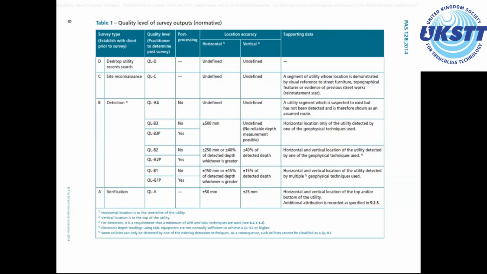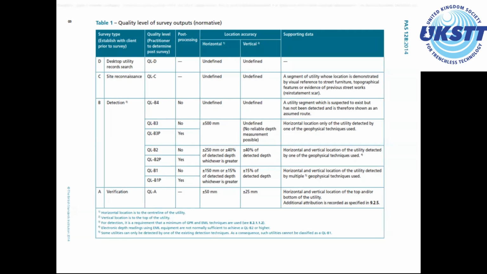B3 is an asset located by 1 method of detection with a horizontal accuracy of plus or minus 500 millimeters. In this instance, it more refers to the passive sweeps carried out by receivers. So usually you will find, I'll use radio detection as an example, they may have power or radio mode.